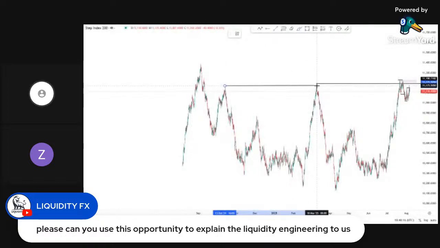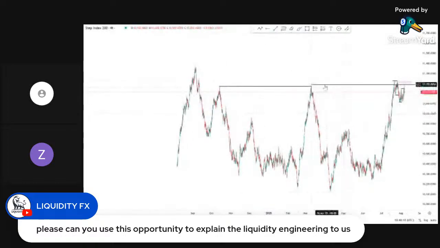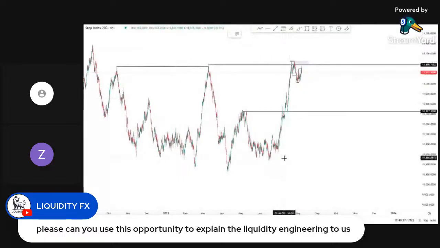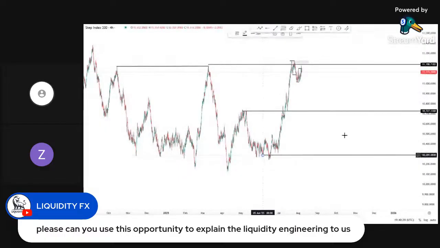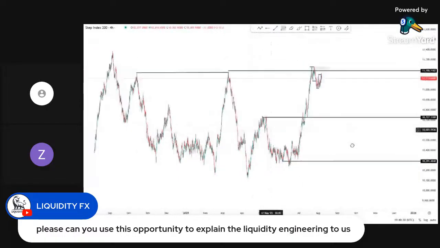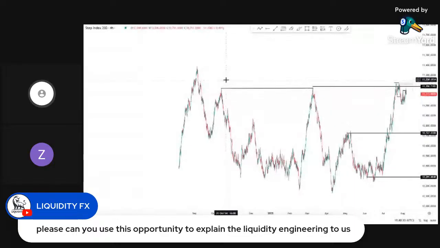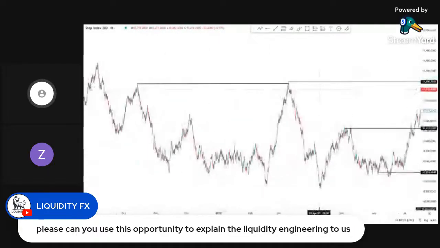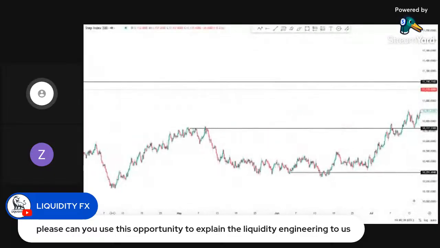So price took out that liquidity and dropped. Price not necessarily doing something like that, but be careful of these areas, these levels, in case they want to be a shift. So yeah, basically that's that. Nothing much, and the chart is really somehow not that neat.